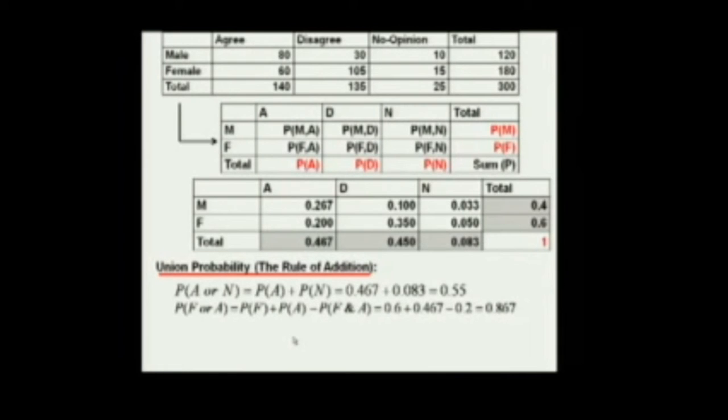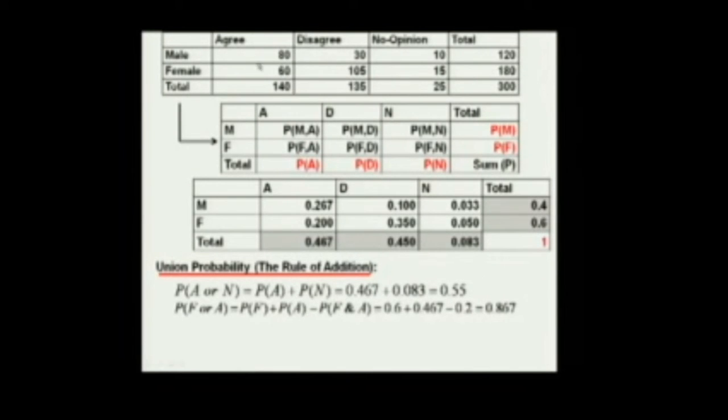If we say P(female or agree), now we have an overlap here. You could be a female and agree, but you could also be a female and disagree. So what we have here is P(F or A) is P(F) plus P(A) minus the overlap of F and A. Now P(F) is the female, which is the 180 divided by 300, which is this value here, 0.6.